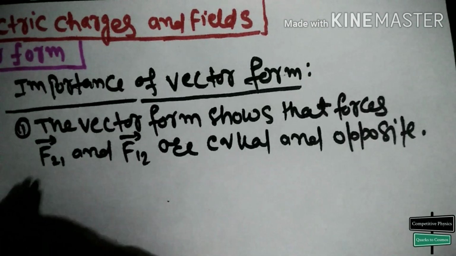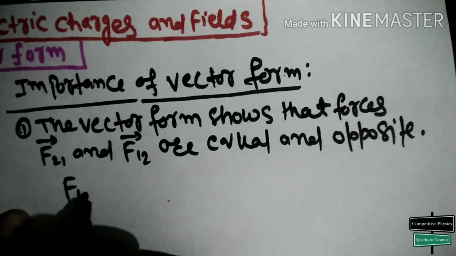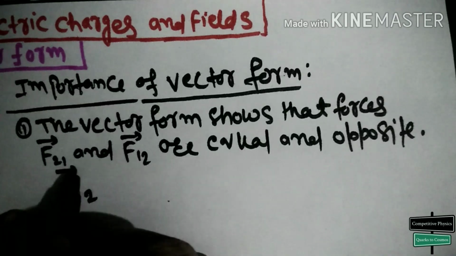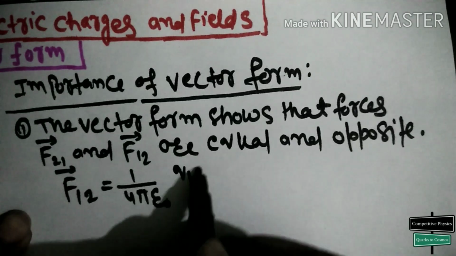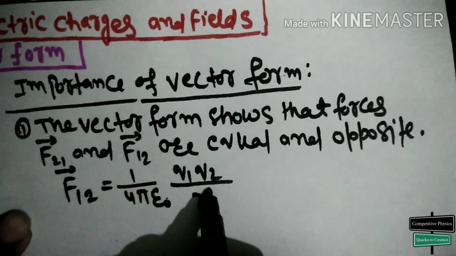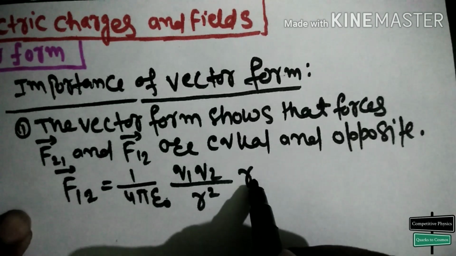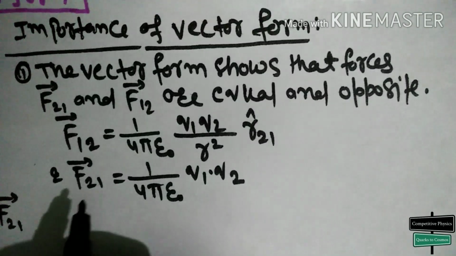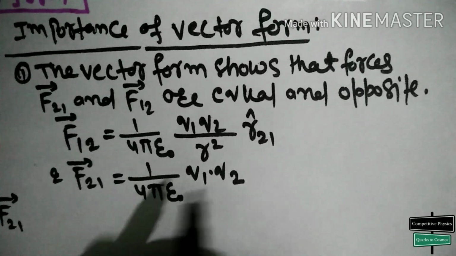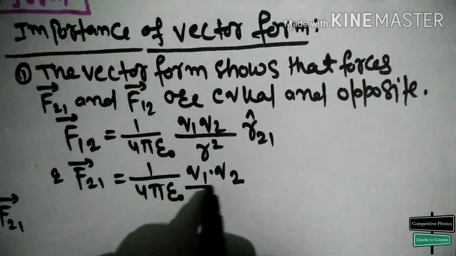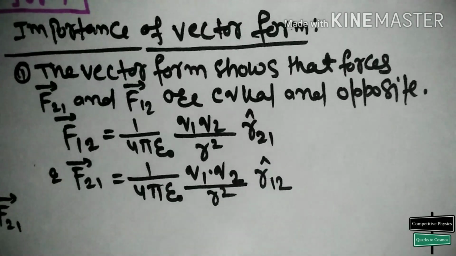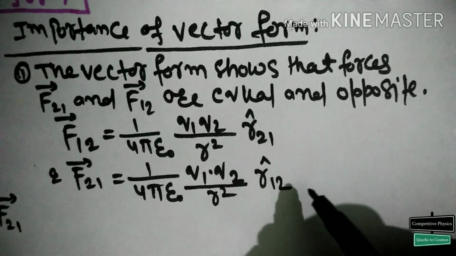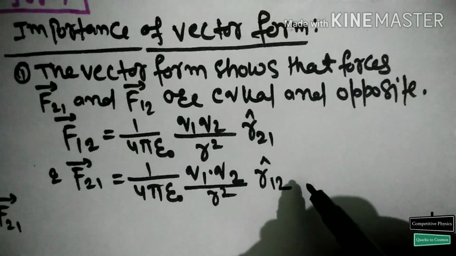Since from the previous equation you have F12 equals 1 upon 4 pi epsilon naught Q1 Q2 upon r square r21 cap, and F21 equals 1 upon 4 pi epsilon naught Q1 into Q2 upon r square r12 cap. So you know that this r21 cap and r12 cap, these two are unit vectors.